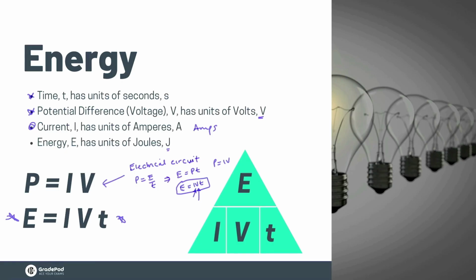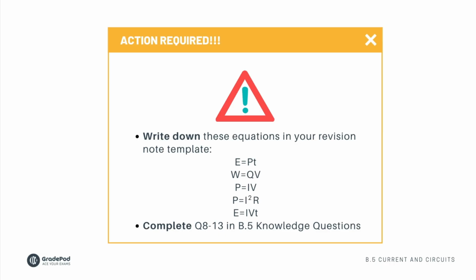Just as a little warning, the examiner boards don't really love these equation triangles. No idea why, but that's just their prerogative, I suppose. So if you wanted to find V, you'd place your finger over V, and what you'd see is you'd have E divided by IT.